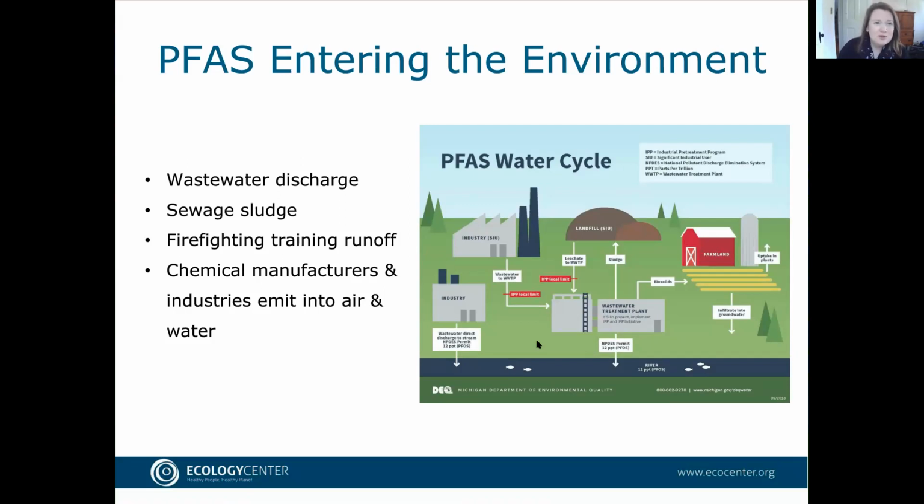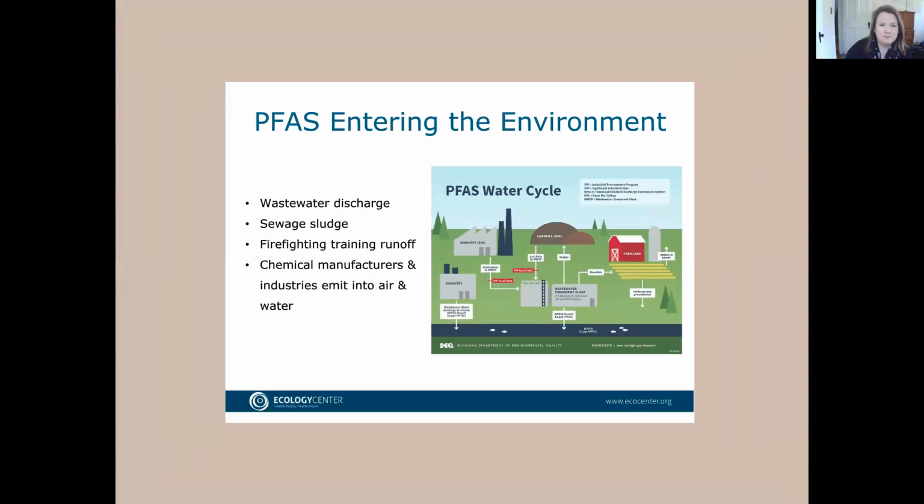We actually use sewage sludge quite a bit in the state of Michigan to put on our agricultural fields, and there's a problem with that because PFAS can enter the food chain that way, enter into plants, and then enter into any animals and build up as a result of that. So we'll talk more about that in the PFAS specific presentation.